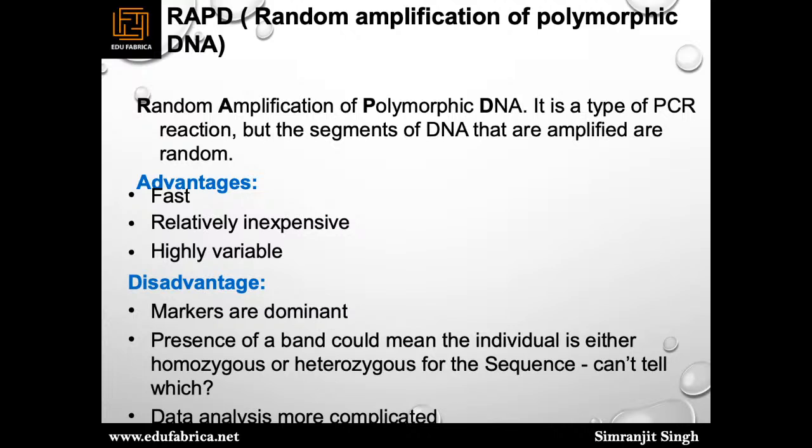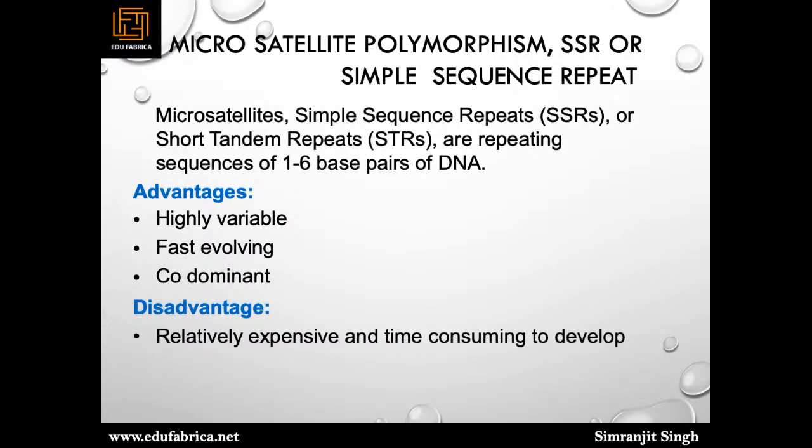Then come microsatellites, SSRs or simple sequence repeats. These have sequences repeated for 1 to 6 base pairs of DNA, and they are highly advantageous: highly variable, fast evolving, codominant, but relatively expensive and time consuming to develop.